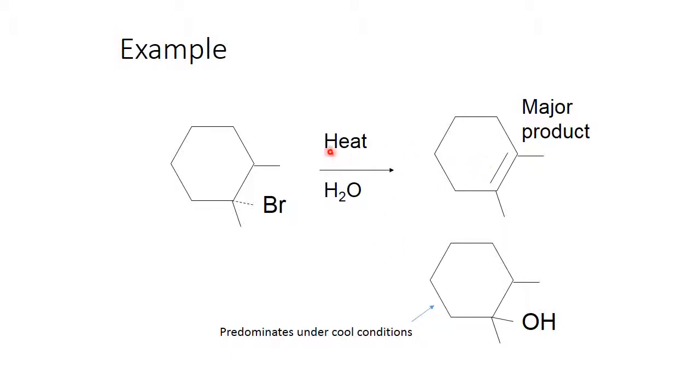However, if there was no heat here, what would we say forms? Well, it's going to be the substitution product. Alternatively, it could say 100 degrees Celsius. Well, then your major product would be the alkene. What if it said 25 degrees Celsius? Well, your alcohol is going to predominate.